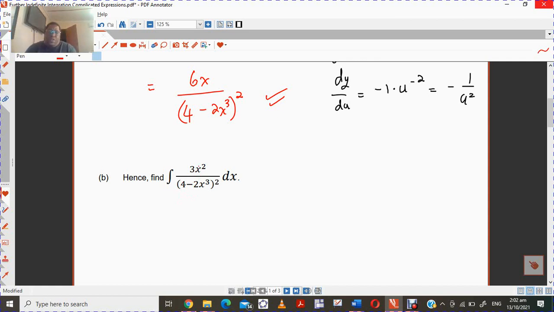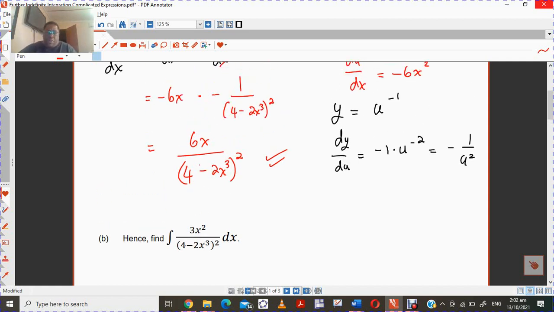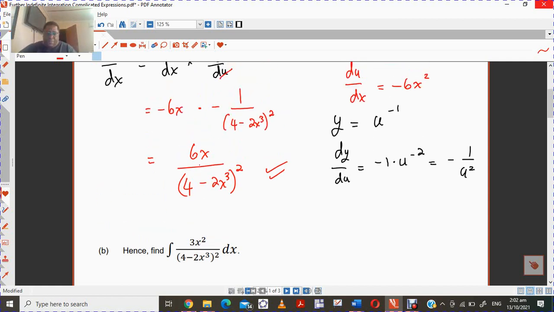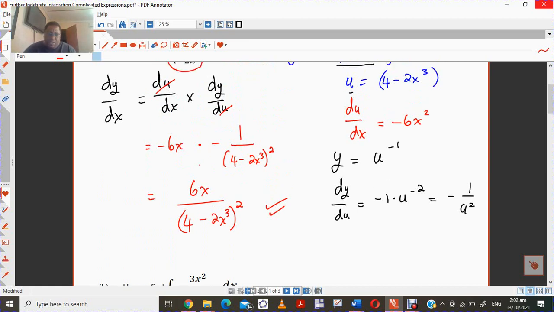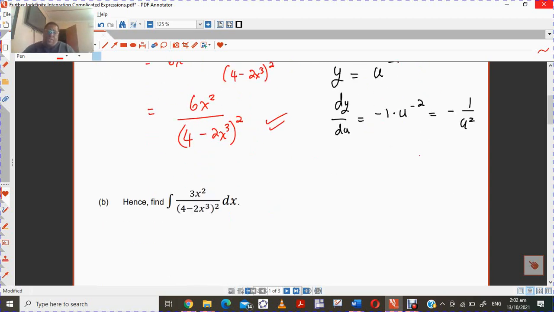Okay, you see that, let me just go back to my x here just to correct this, just to have my square there. Okay, just to make sure that we write the correct one. So if you look at what we have derived, we have a 6x squared. But here the numerator is 3x squared.